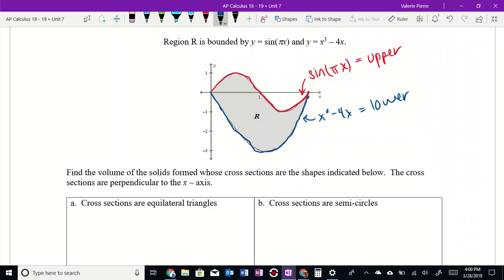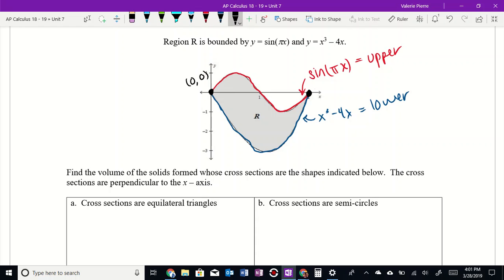The other piece of information that we're going to need to know, because we're finding volume of these solids using cross sections, is our limits of integration. So our limits of integration are going to come from the start and end of the shaded area, which in this case is where these two points intersect.